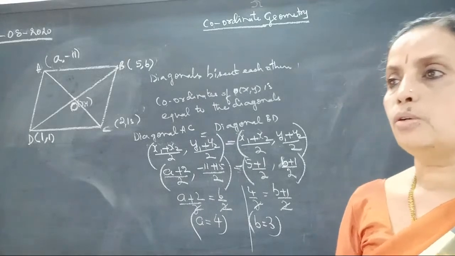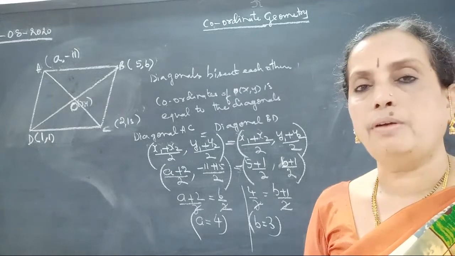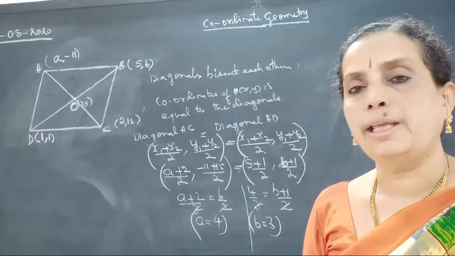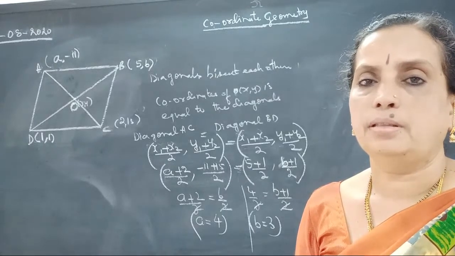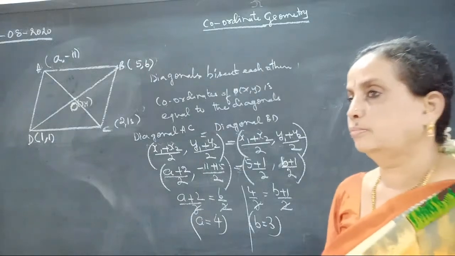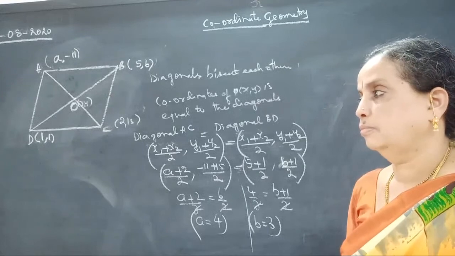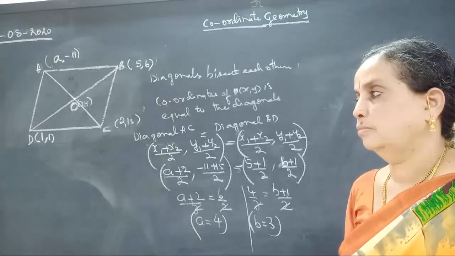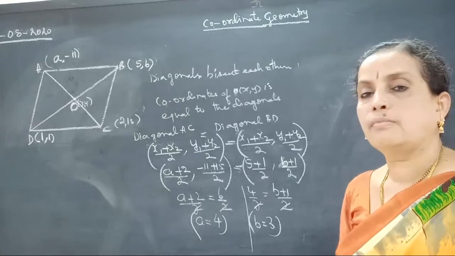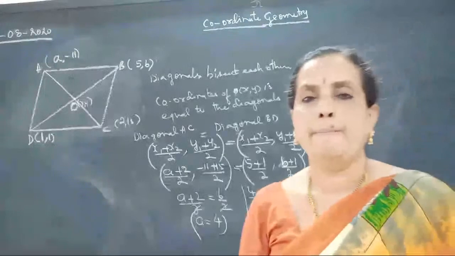Second point, the coordinates of the intersection of the diagonals are equal for both AC and BD diagonal. Clear? Yes. Is it clear to everybody?